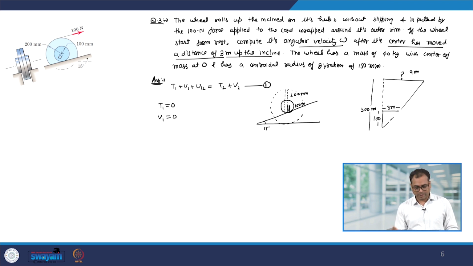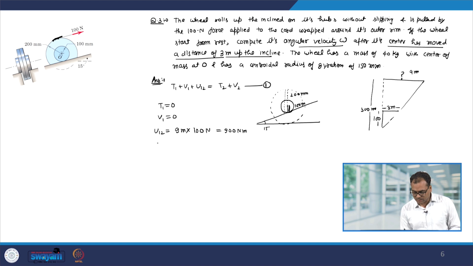Let us look at the work done on the wheel. So, U12 will be the distance multiplied by the force. So, the distance was 9 meter into the force. Note that the force was applied here, therefore, we have calculated how much distance this point has travelled. So, that was 9 meter multiplied by 100 Newton. So, that is 900 Newton meter.